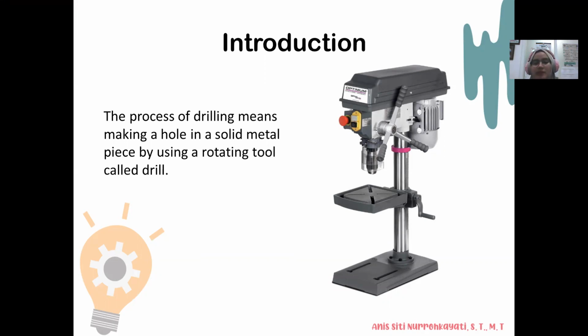small drilling type. In this study, I will explain about the types of drill that we can use in the manufacturing process. This is the introduction. The process of drilling means making a hole in a solid metal piece by using a rotating tool called a drill.